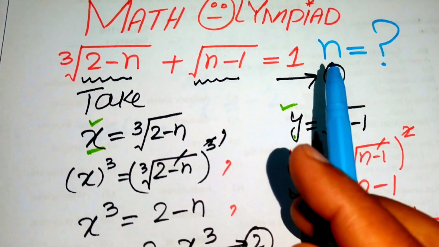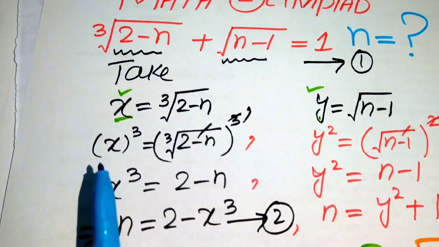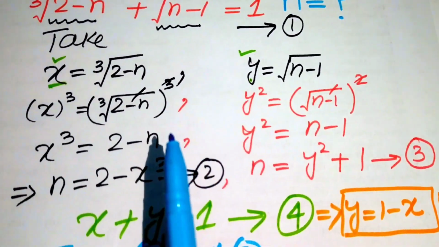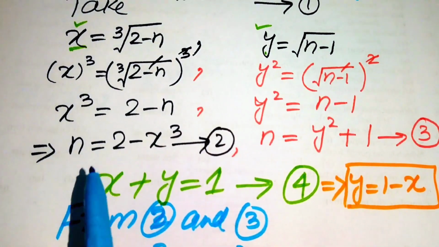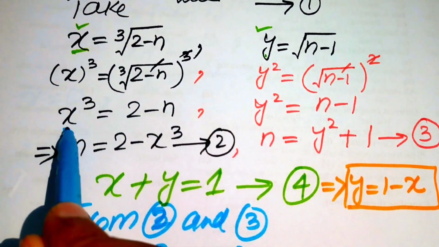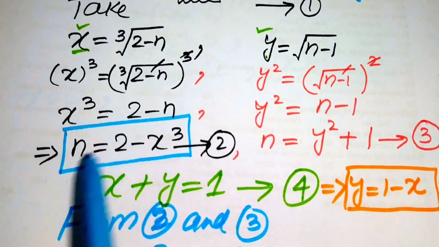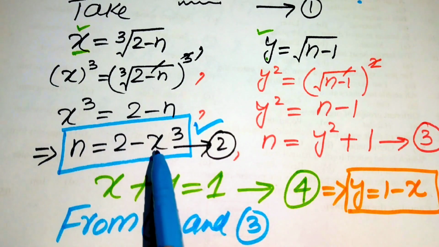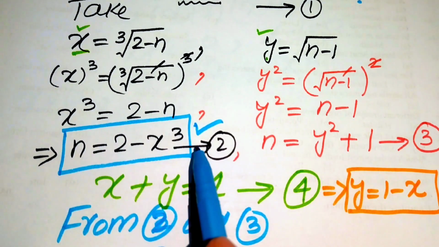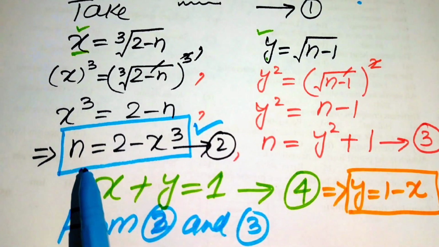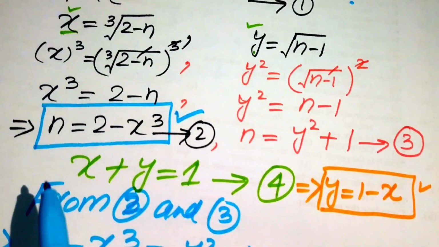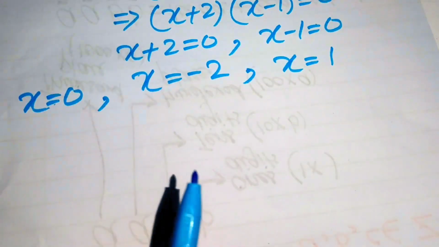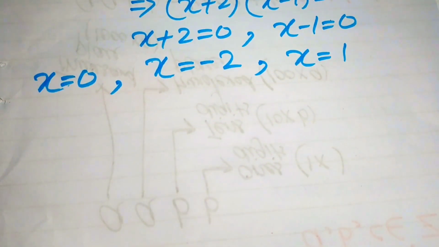So we need to find the value of n, and we know that here we have n equals 2 minus x cubed, because we find the values of x here, so we put all the values of x in equation number 2, and we get the value of n. Okay, so here we use equation number 2.